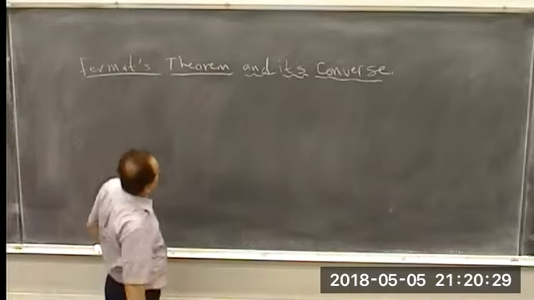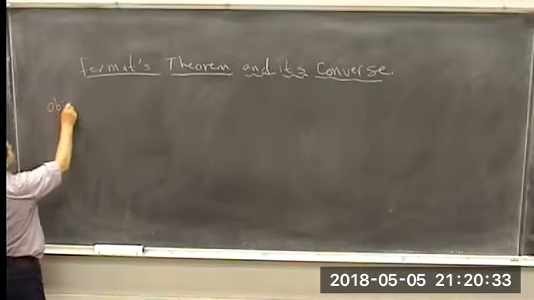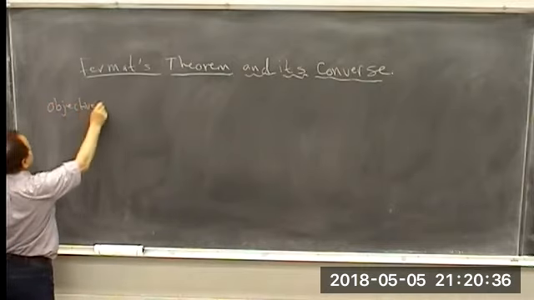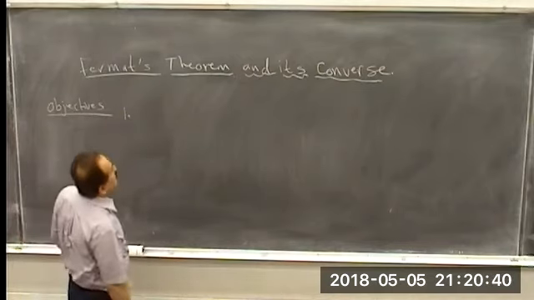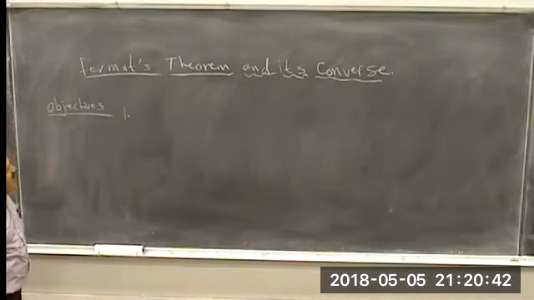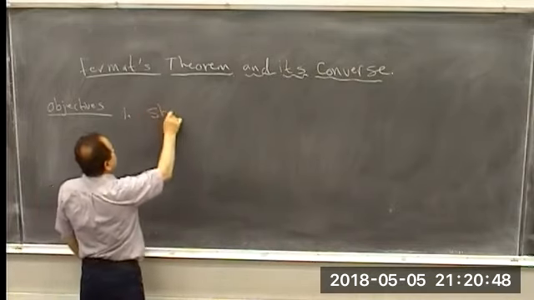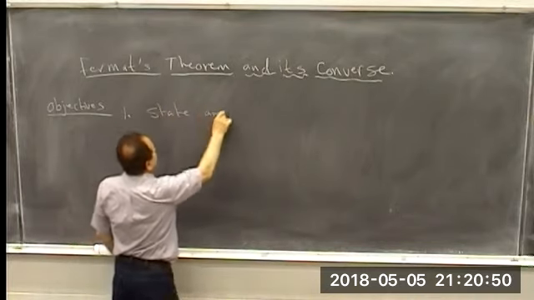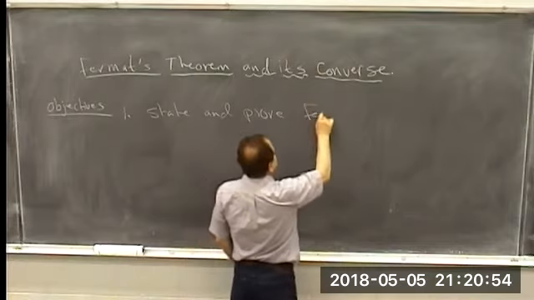All right, so the objectives for this chapter are very simple. First, I want to give a motivation for Fermat's theorem, and after that we're going to state and prove Fermat's theorem.